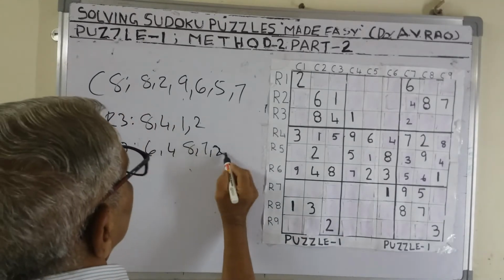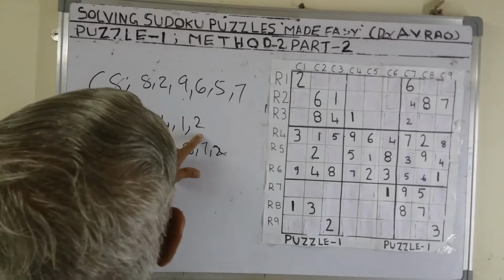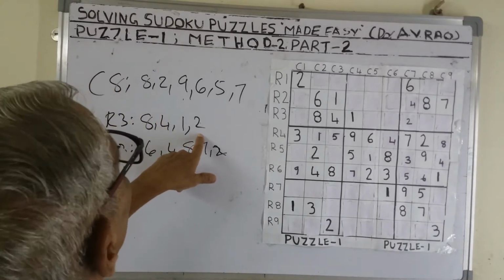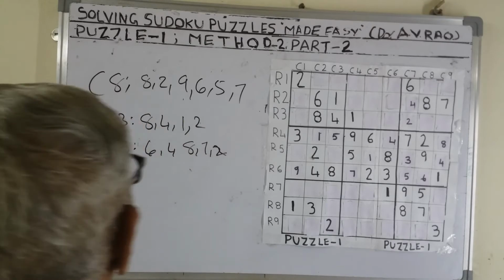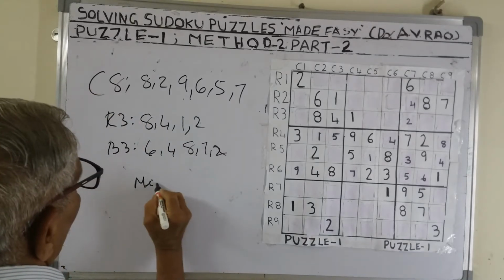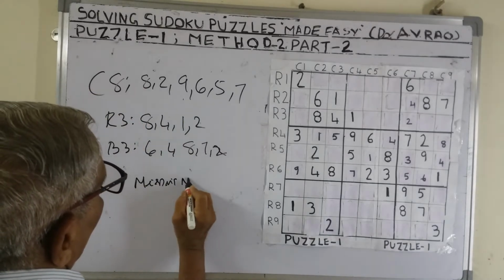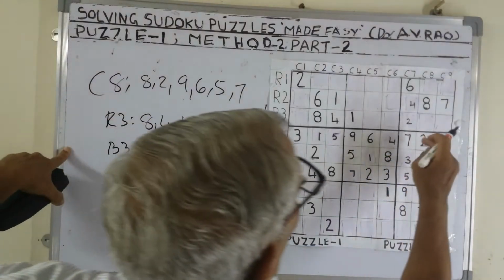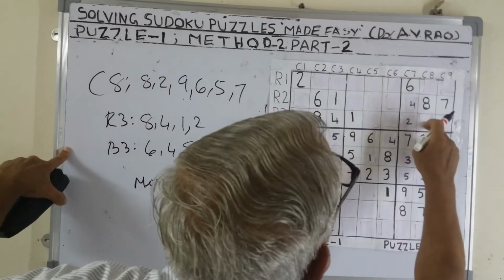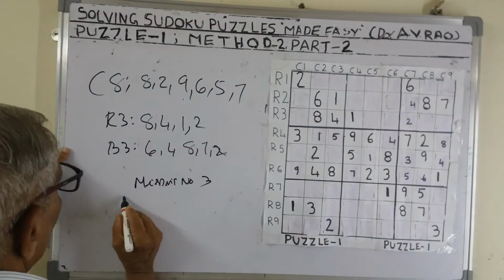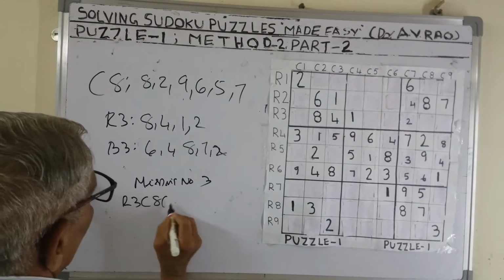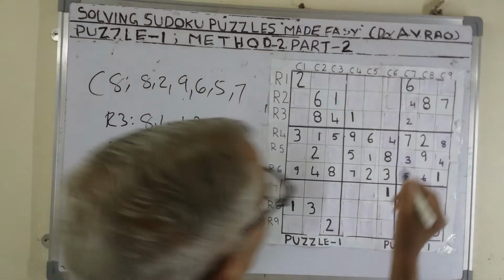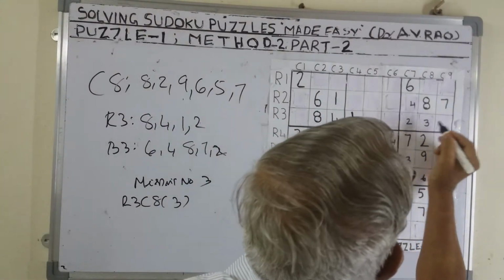Let us see what the missing numbers are. 1 is there, 2 is there, 3 is nowhere. The missing number is 3. So the cell R3C8 becomes 3. Let us write 3 here.